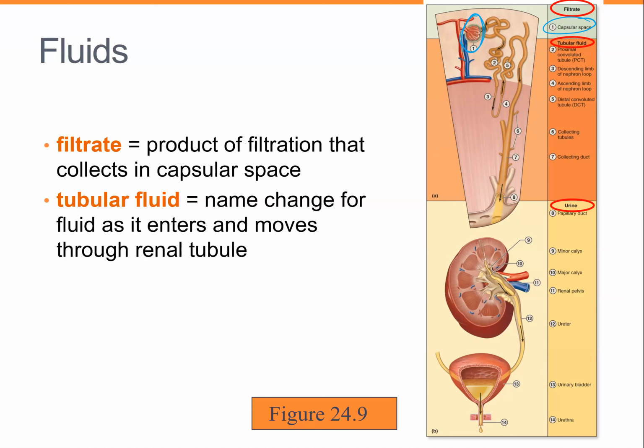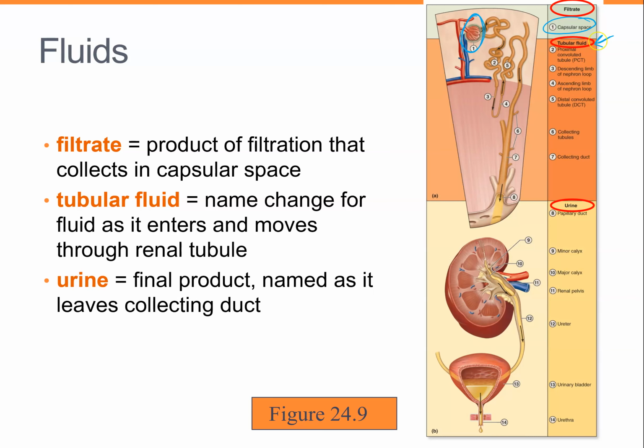As the fluid then moves into the tubule, it's going to be called tubular fluid. And then it's called tubular fluid all through proximal convoluted tubule, the nephron loop, distal convoluted tubule, the collecting tubules, and the collecting duct, all called tubular fluid.